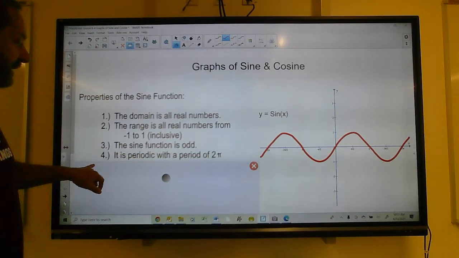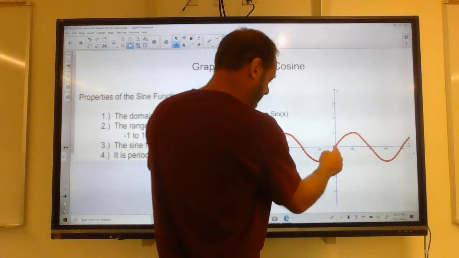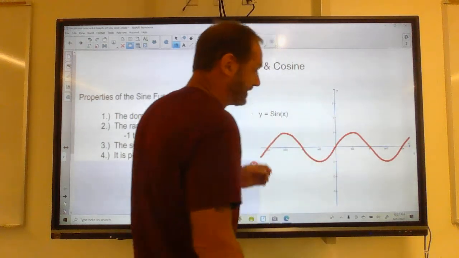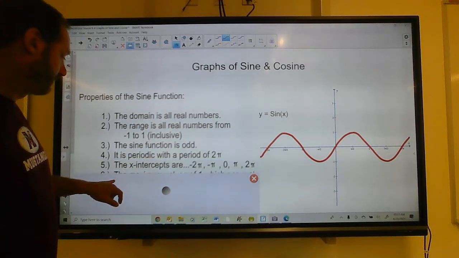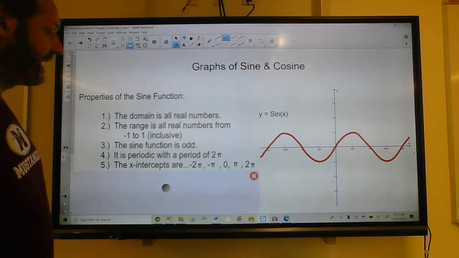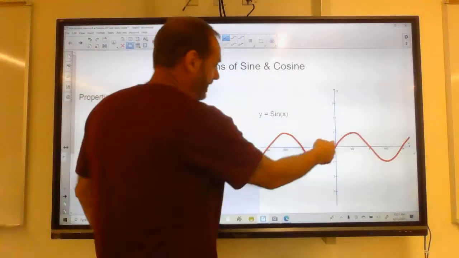It's periodic with a period of 2 pi, which we can see there's a distance of 2 pi, and I get all those answers. Another distance of 2 pi, I get the exact same answers. The x-intercepts are -2 pi, -pi, 0, pi, 2 pi. So every pi I'm going to have a 0.